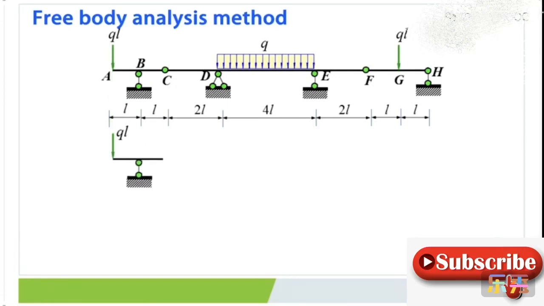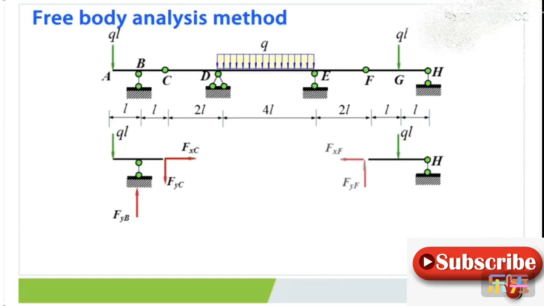For the ABC part, there will be reactions at hinge C and support B: FYB, FXC, FYC. For the FJH portion, there will be actions at hinge F, FXF, FYF, and the support reaction FYH.